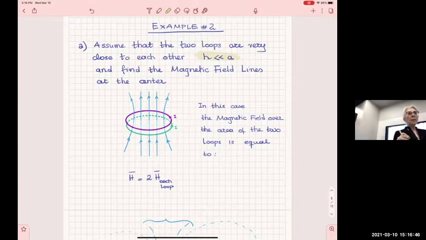When that happens, the two magnetic fields align, and practically for two loops, the magnetic field that goes through them is like twice the magnetic field that would go through one loop.